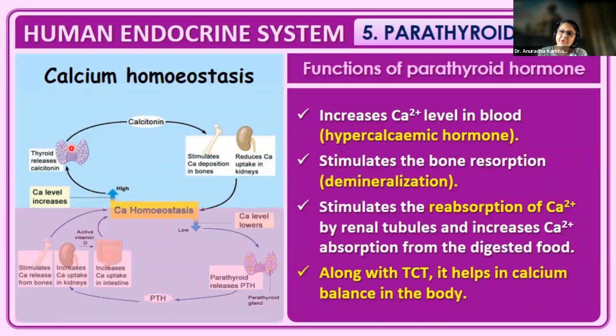It will go to the bone, but there is no guarantee it will go to the bone if the production of thyrocalcitonin is impaired, or there is some problem. Then it will be circulating in the blood only. So anyways, this is a balancing mechanism. This is a balancing mechanism.